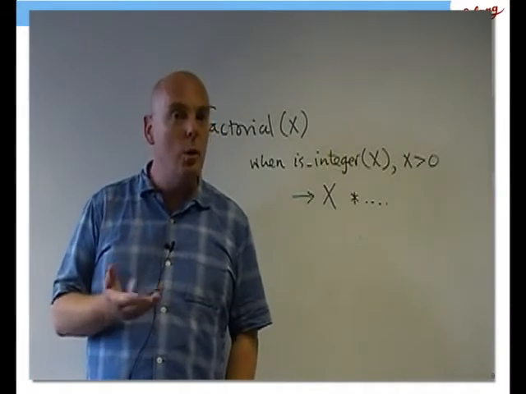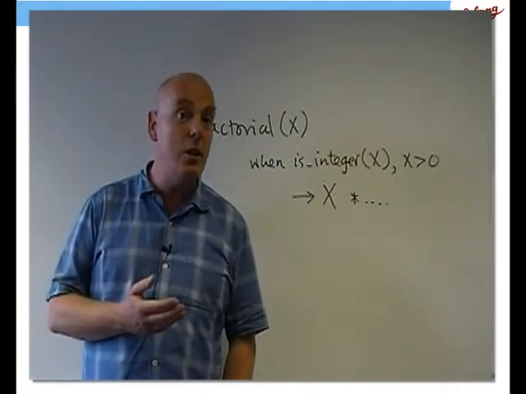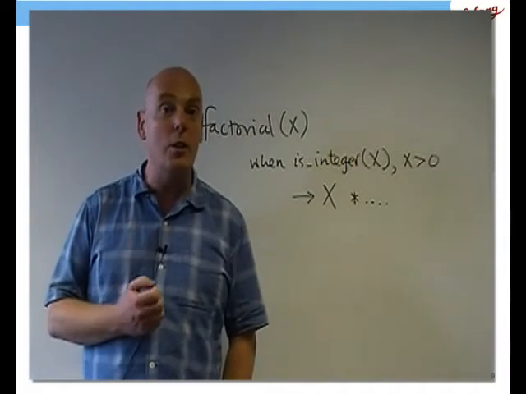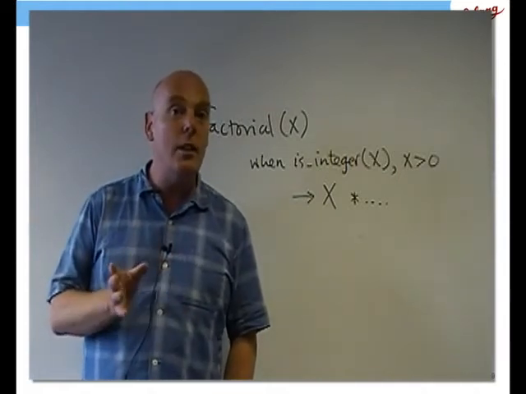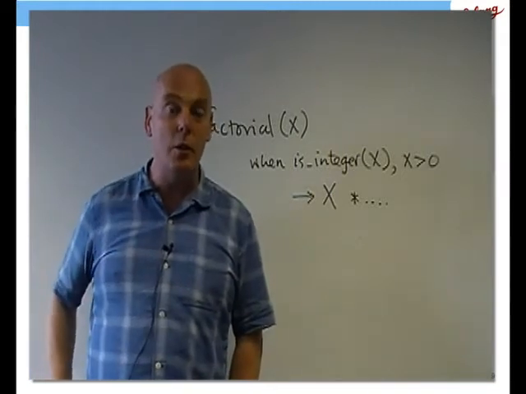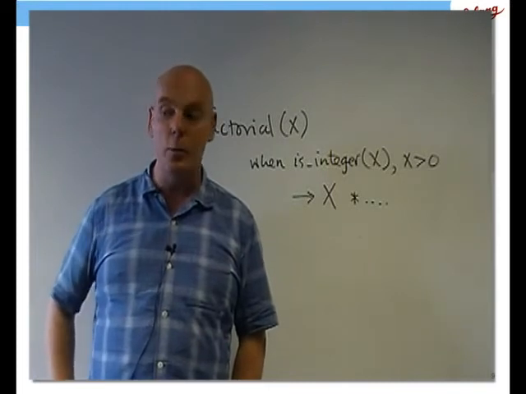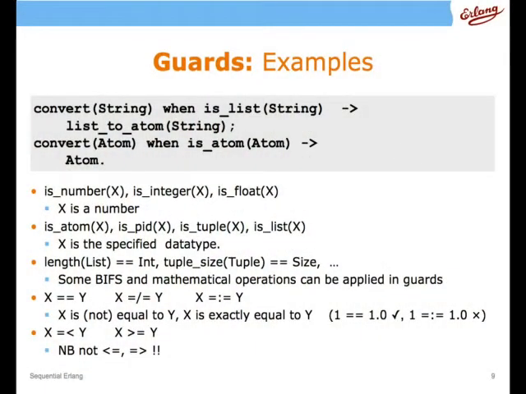So what we have also are some built-in functions, like we can look for the length of a list, we look for the size of a tuple, and so on. And we've also got the comparison operators. Here again is a place where Erlang differs from a number of other languages, just in the way that you write the comparison operators.